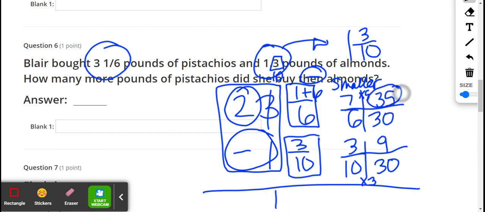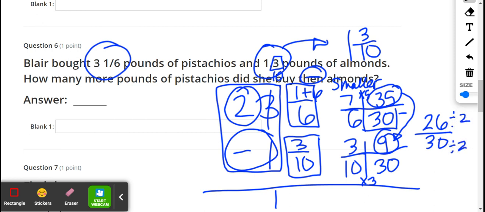And then we have 35 minus 9. Now we have same size pieces of 30ths and 30ths. 35 minus 9 should give us 26, and that is out of 30. And then we simplify that, looks like by a factor of 2, and that's going to give us 13/15.